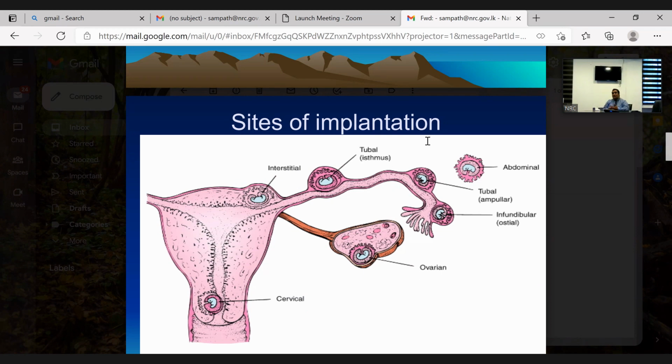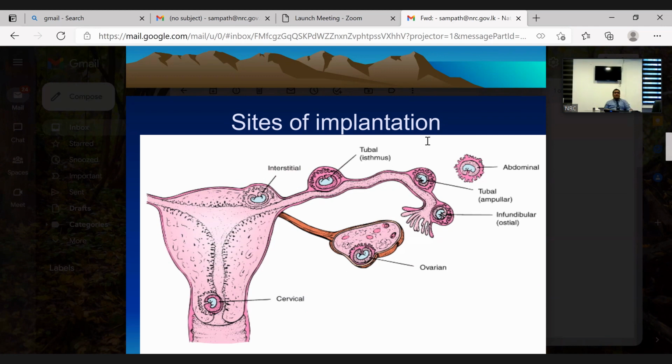And I would like to confirm it by doing a serum beta HCG and a transvaginal ultrasound scan. That is how you should answer. Then if someone asks, what is the Arias-Stella reaction? Yes, sir, it is diagnosed in retrospect. If someone does a curettage and they find Arias-Stella reaction in the histology, then one has to suspect ectopic pregnancy.